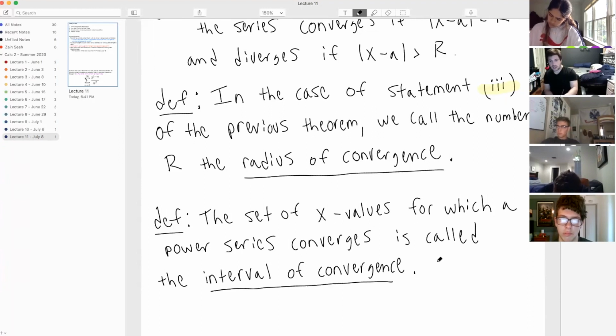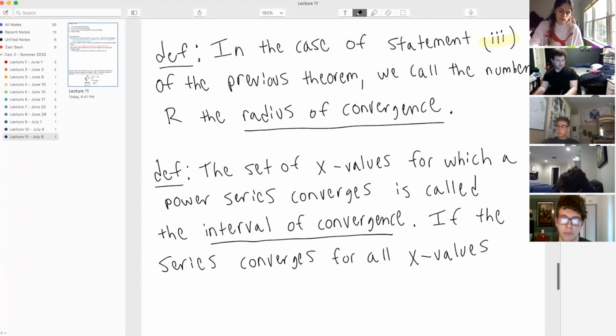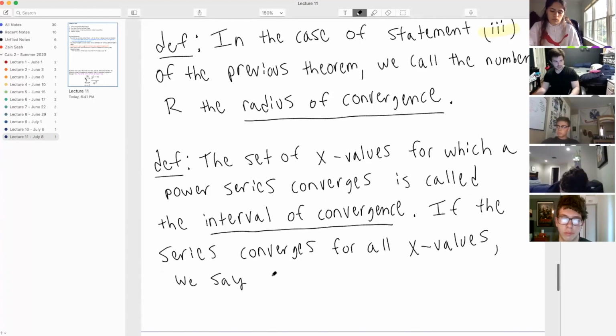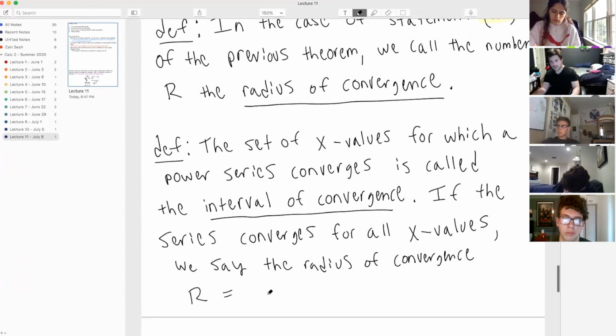Finally, if the series converges for all x values, we say the radius of convergence, capital R, equals infinity.